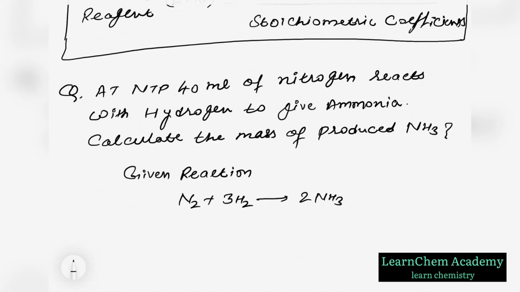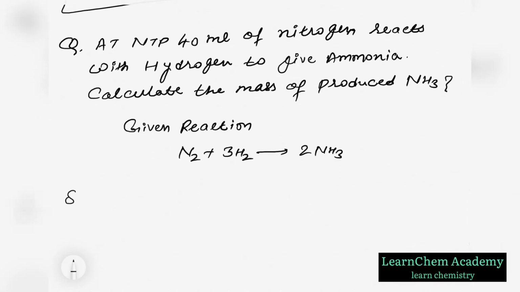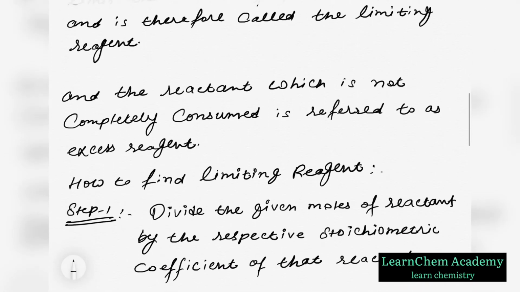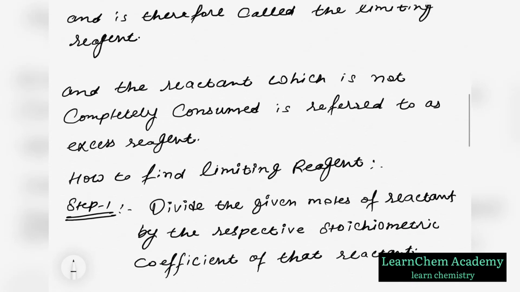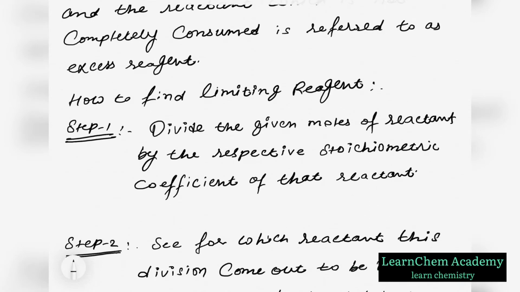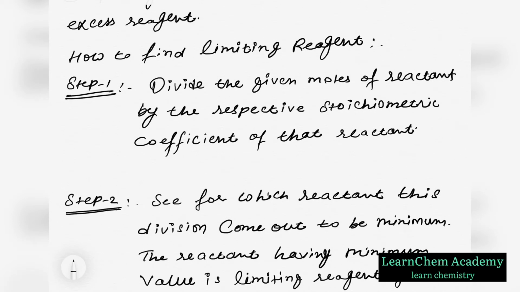Okay, so in this reaction, very first we have written the steps to calculate limiting reagent. Limiting reagents are those reagents which are present in limited amount, which consume early in a chemical reaction. Step 1, divide the given moles of the reactant by the respective stoichiometric coefficients.